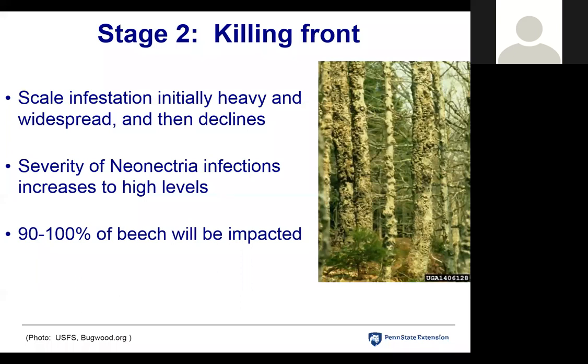Through this killing front stage you'll see, I would say, 90 to 100% of the beech impacted. There has been some documentation of resistant beech, and it's still at very low levels, maybe 2% of the population.